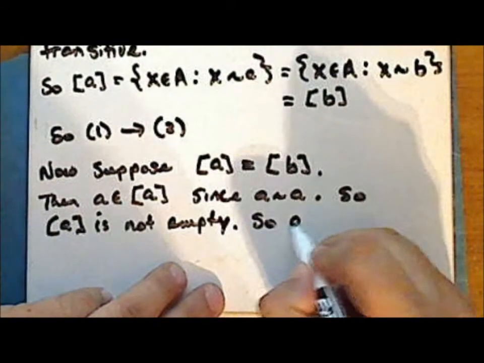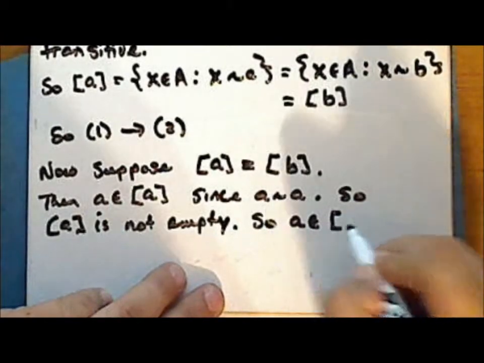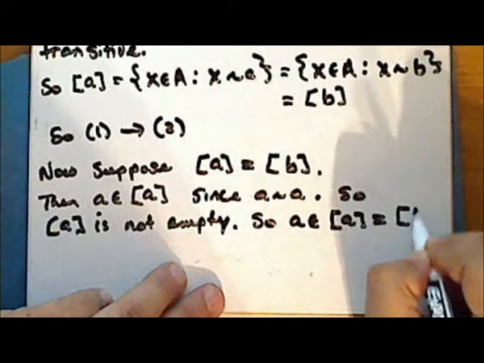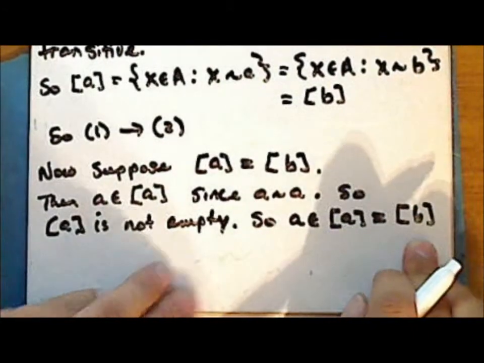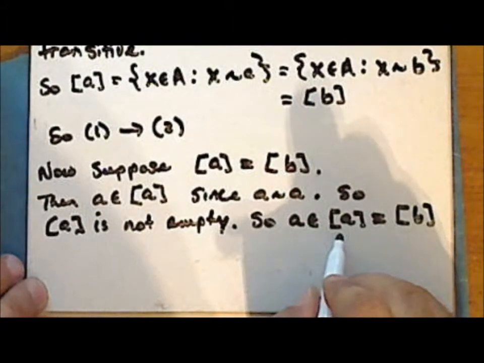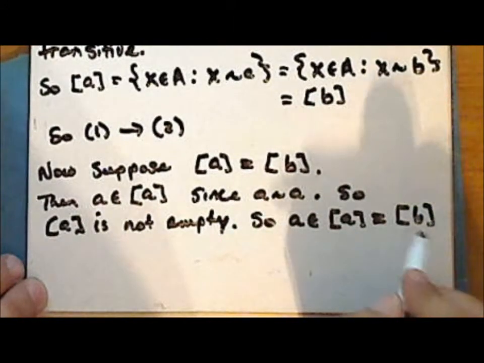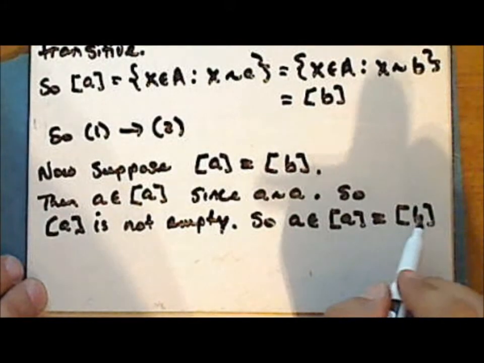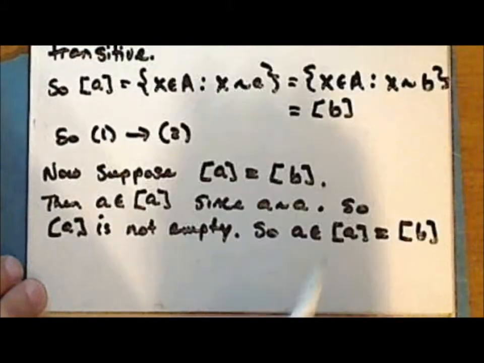As the element a is in the equivalence class containing that element, which is equal to the equivalence class containing b, both equivalence classes contain the element a.